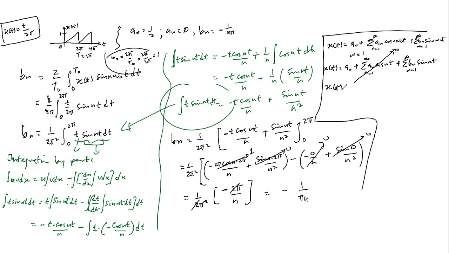So s of t is the same as a0 plus summation n from 1 to infinity bn sine nt. So we have a0 as 1 over 2 plus, bn is minus, so minus summation n from 1 to infinity of 1 over n pi sine nt.